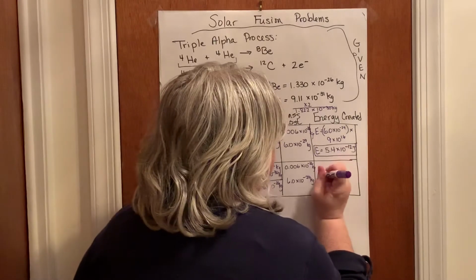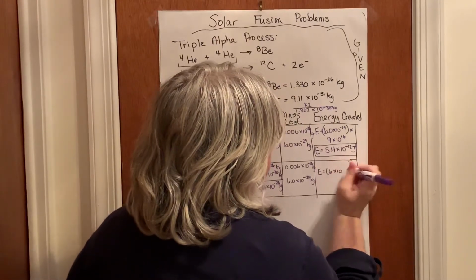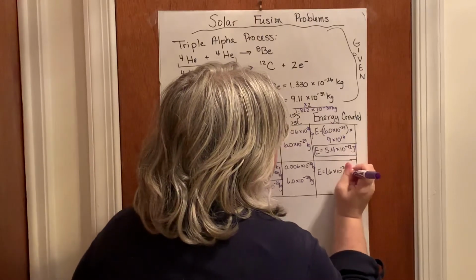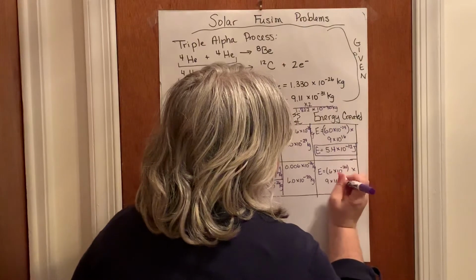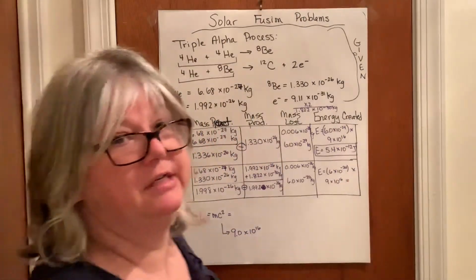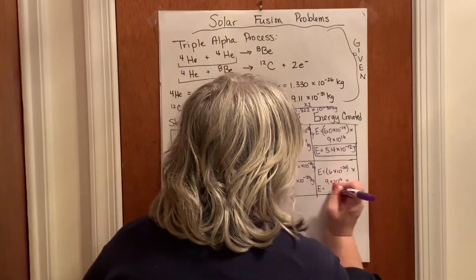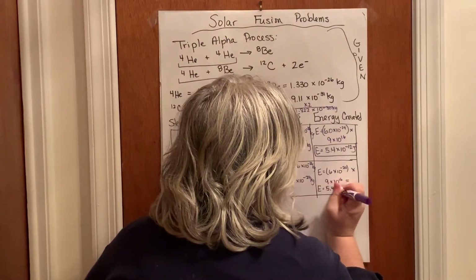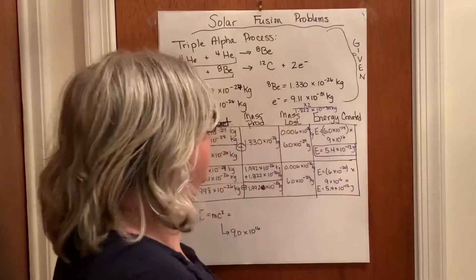I'm going to calculate my energy. 6 times 10 to the negative 29th times 9 times 10 to the 16th. Well, that's the exact same calculation I did in my last step. So I know what energy I'm going to produce: 5.4 times 10 to the negative 12 joules.